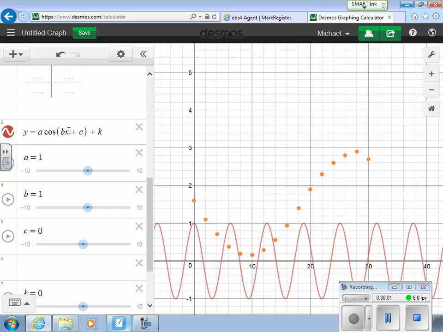Because we know that omega is equal to 2 pi times the frequency. So there's a way in through the period of that data. Find the period. What is the period?